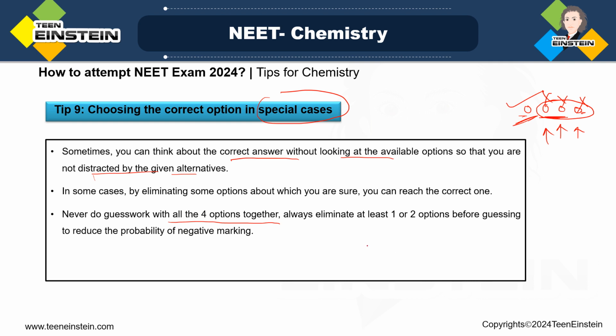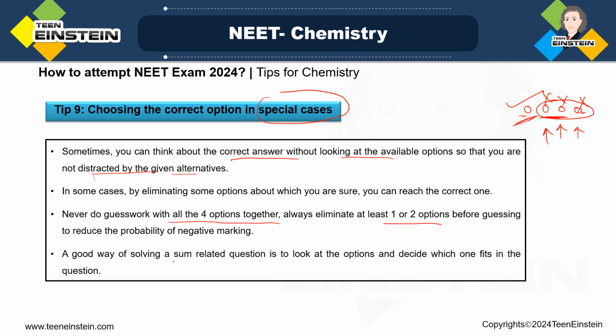So at least try to eliminate one or two options, obviously two is better, before guessing, to reduce the probability of negative marking. If you guess with all four options together, the chance that you will choose a wrong answer and incur negative marking is very high.